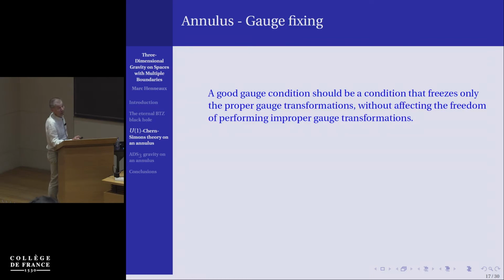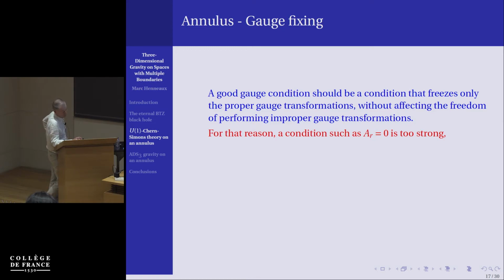Now, just in passing, a good gauge condition can only freeze the proper gauge transformations. It cannot freeze the freedom of performing improper gauge transformations. For that reason, imposing AR equal to 0 is forbidden, it's too strong, because you would have to solve a first order differential equation with respect to R for the gauge parameter necessary to bring you to that gauge, and in general it will not fulfill the conditions that it vanishes at the two boundaries.